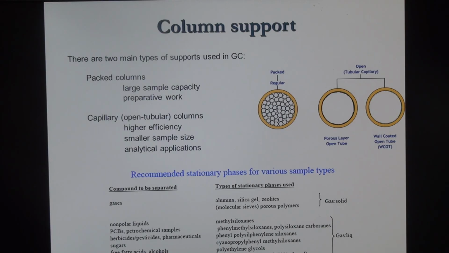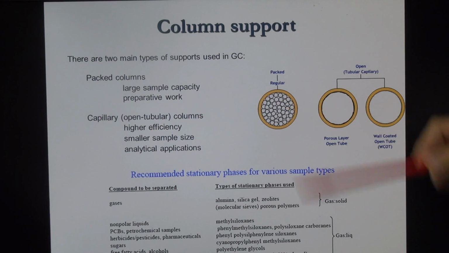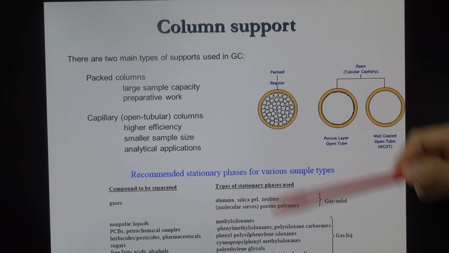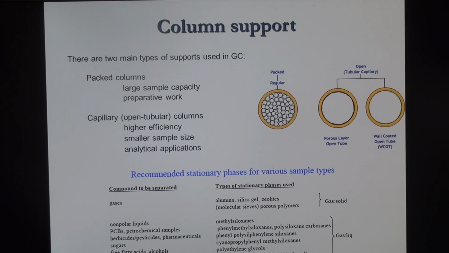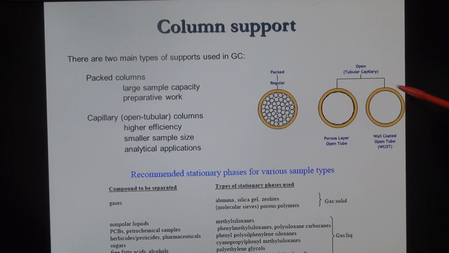So we need to make this material, and we need to pack that material into this kind of tube. Okay, that's packed columns, and capillary columns are just open tube.